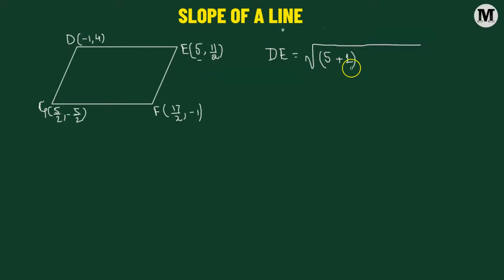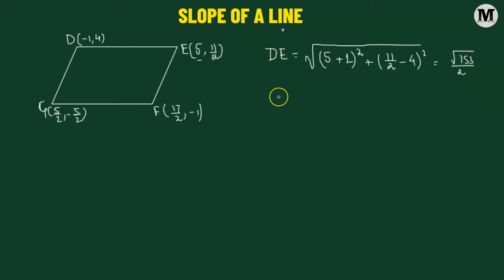So 5 plus 1, we're going to square this value and then add it to the difference of the y coordinates, since we started out with E. Our y coordinate of E is 11 over 2. From it, we subtract 4, and then square this value as well. When we compute this value, we get the length of side DE, which is equal to square root of 153 over 2.